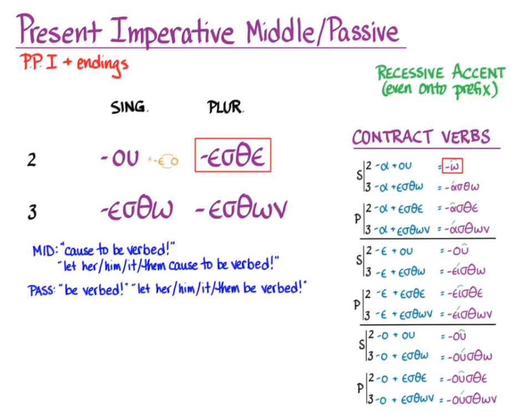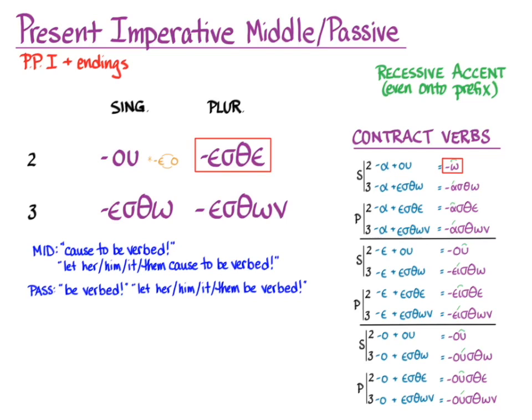Couple of notes here. Be careful of that omega at the end in your alpha contract verbs. Remember that you've already seen that ending, say with timō as the present indicative active first person singular, and also as the present subjunctive active first person singular. So remember now with that ending, you've got three possibilities, and one of them is the present imperative, middle or passive second person singular.